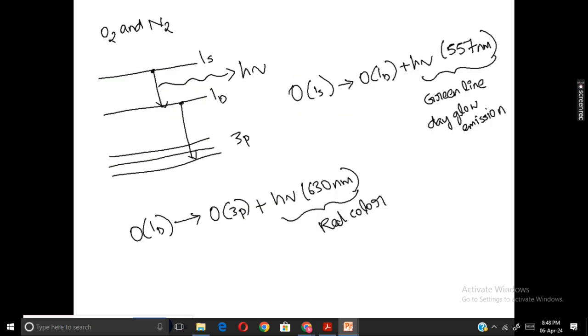Aurora basically involves the oxygen and nitrogen atoms in the atmosphere, where the electrons move from one shell to another, and during the process it emits energy at different wavelengths.